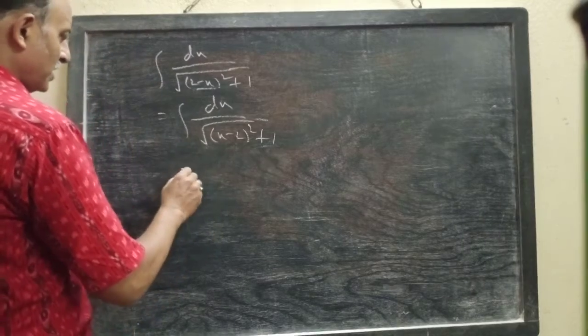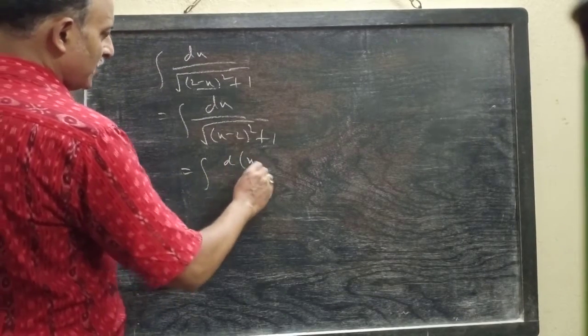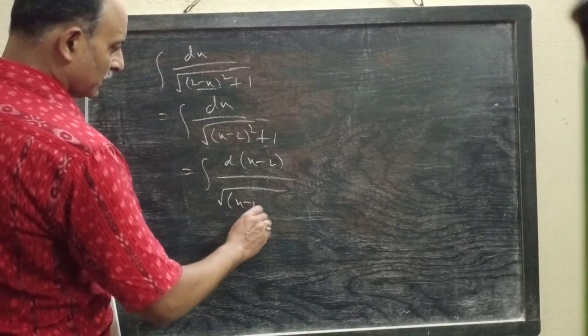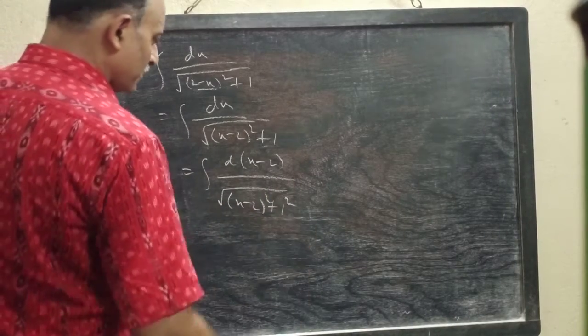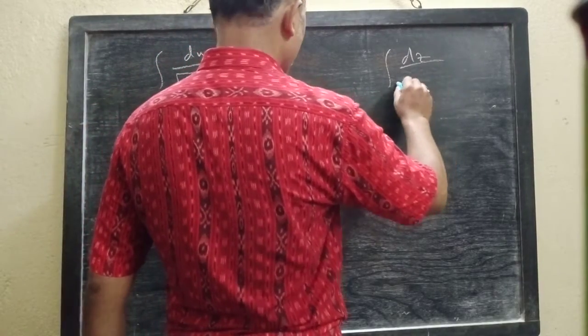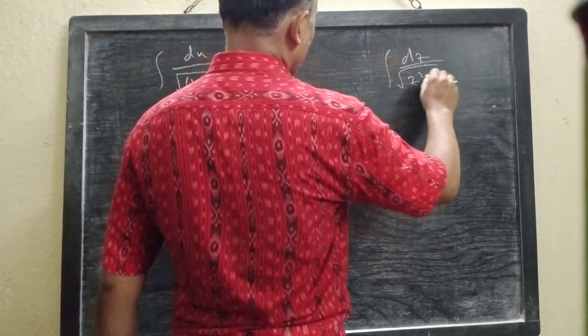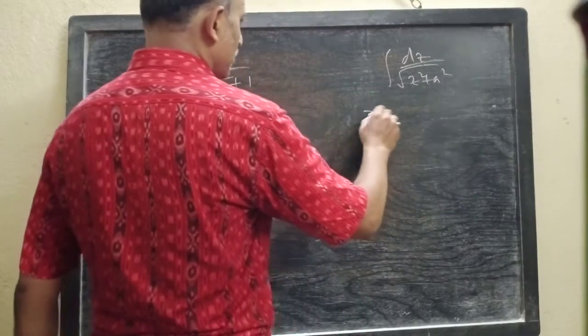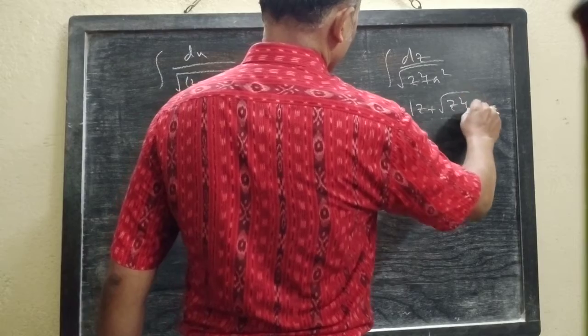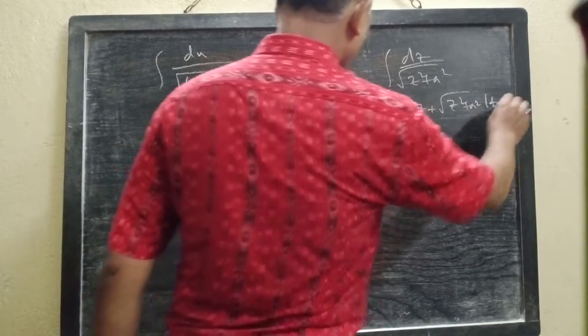Now, instead of dx, I can write d of x minus 2, and here it is x minus 2 whole square plus a square. Now recall the formula: dz by under root z square plus a square is ln of mod of z plus root over of z square plus a square plus c.